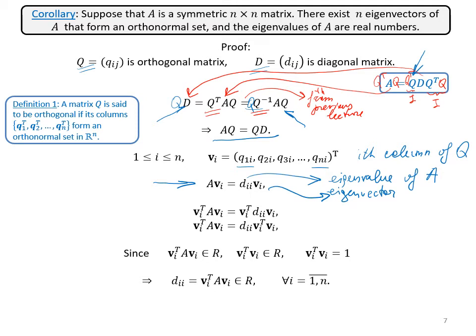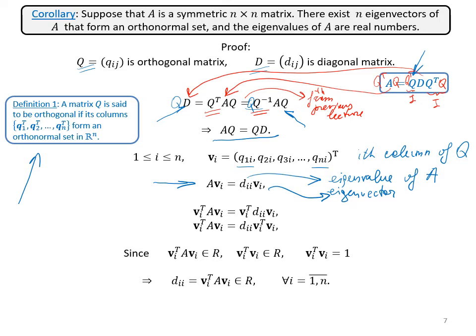So again, in the blue box on the left side, I just remind you what it means for a matrix to be orthogonal. And the definition says that matrix Q is said to be orthogonal if its columns form an orthonormal set in Rn.